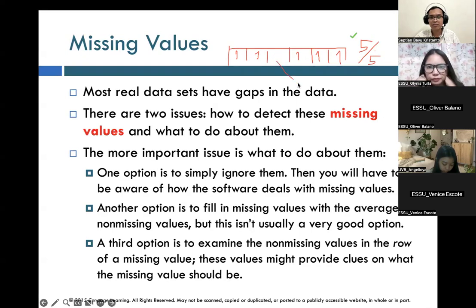So just leave it blank, because the number of observations is different. This is only countable for the 5 observations. But if you fill this data with 0, please remember that 0 is still a number. So the denominator is 6, because this one is filled with a value, not a missing value. Is it clear for you?